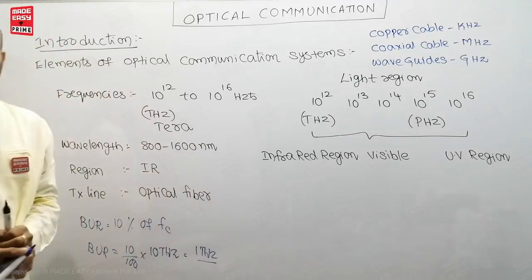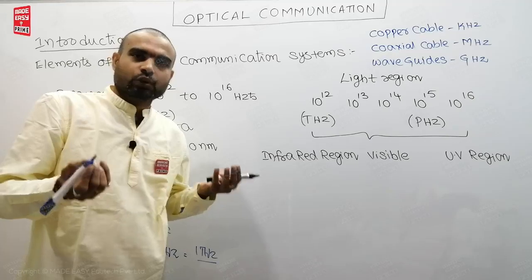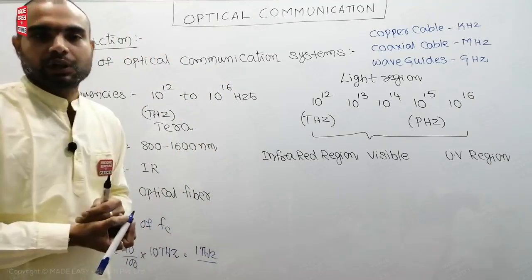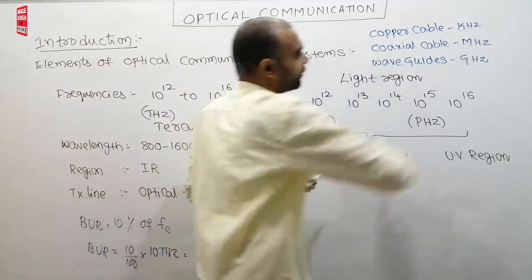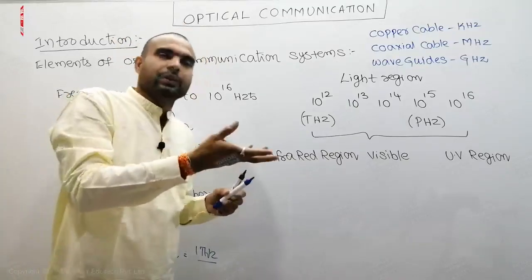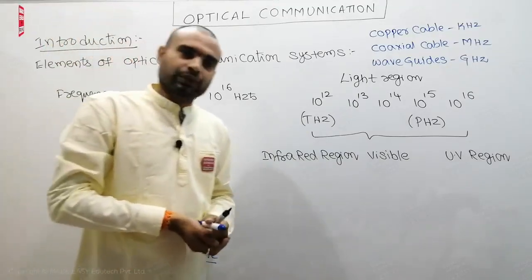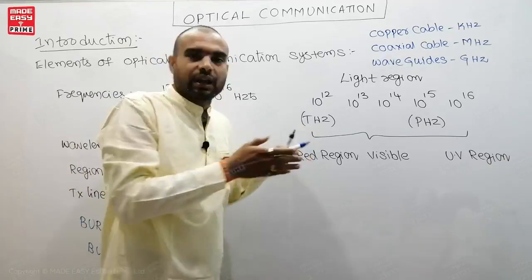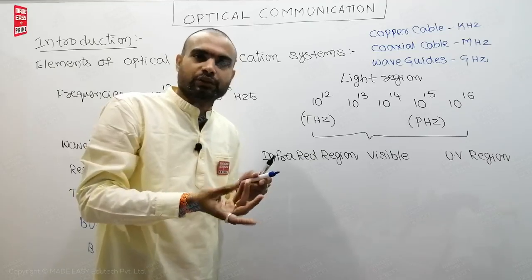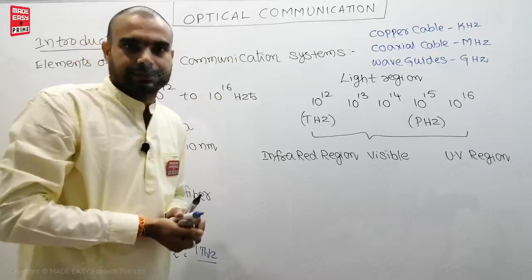So 1 terahertz of bandwidth means it's a very huge amount of bandwidth which is going to be offered by the optical fiber cable. So that's the reason we are shifting from gigahertz to terahertz, and we are operating in optical fiber cables. That's why this is one form of transmission line. So we are studying this type of transmission line, how light is propagated, and what phenomena occur in the optical fiber cables. We can see that in the coming parts of the optical communication system.